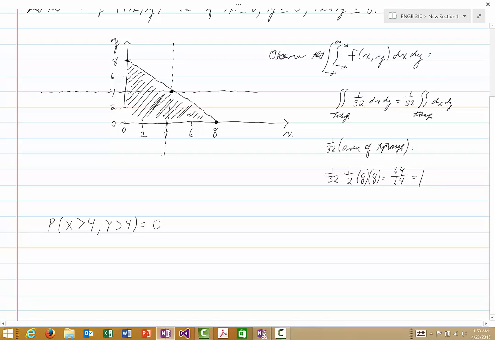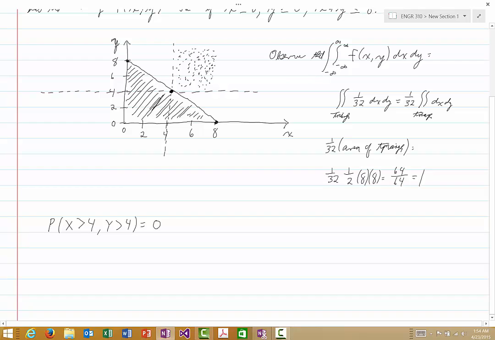And so the probability that x is greater than 4 and y is greater than 4, well, we're talking about this region. I'll put dots in it. We're talking about this region out here, but everywhere in that region, little f is equal to 0.